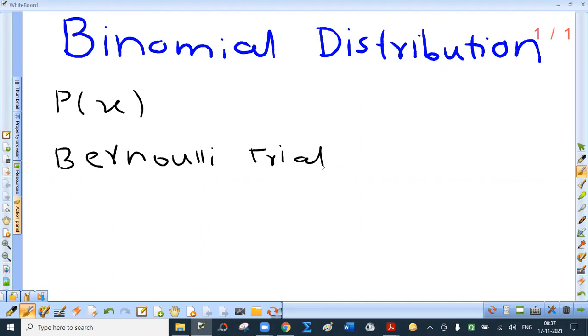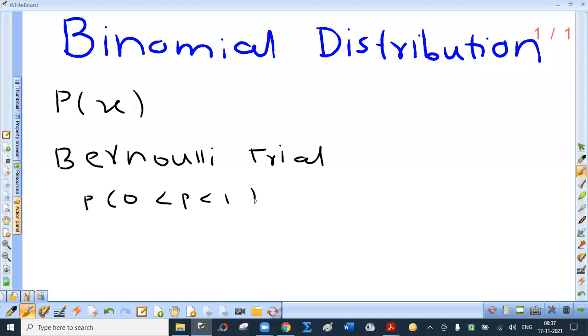I repeat this, a random experiment which has only two mutually exclusive outcomes, namely success and not success, that is failure, is called a dichotomous experiment. If a dichotomous experiment is repeated n times, and if in each trial the probability of success, that is P, of course 0 less than P less than 1, is constant, then all such trials are called Bernoulli trials.